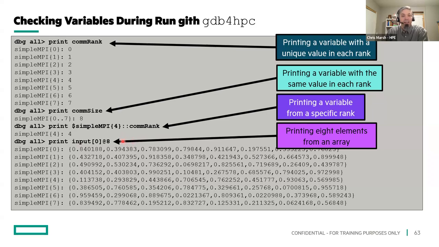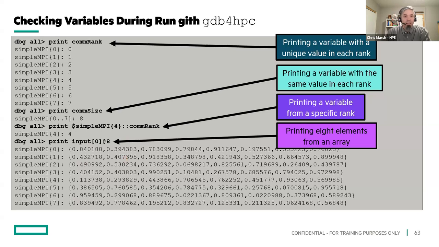I guess we don't know just from this shot. But I'm looking at the first 8 values from the array for each rank, because again, the memory footprint is per rank. They could be distinct, and it looks like in this case they are. So that's good. Okay, so printing variables, very important. A couple of syntactical gotchas there.